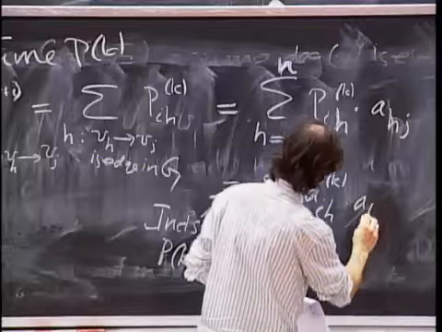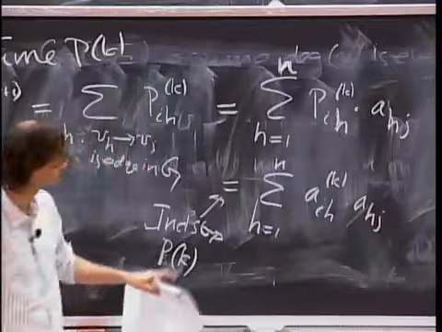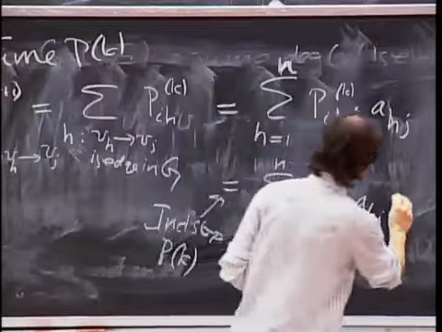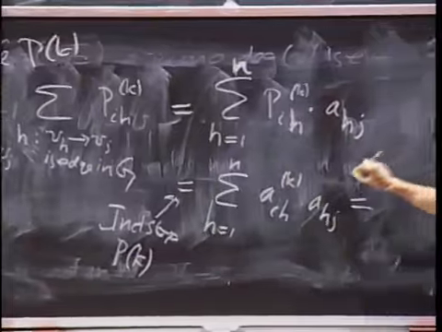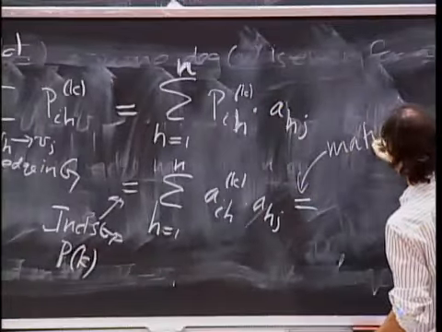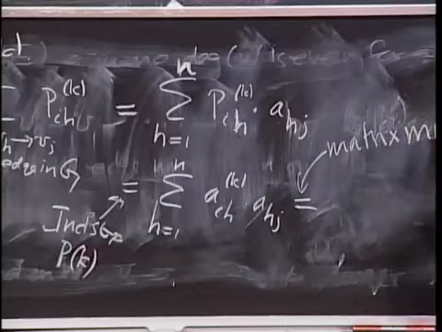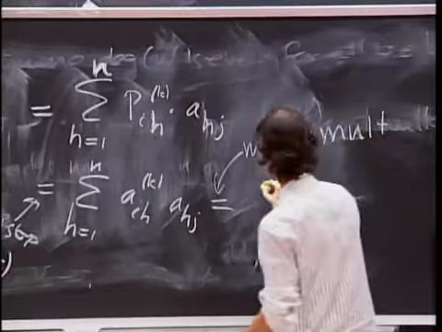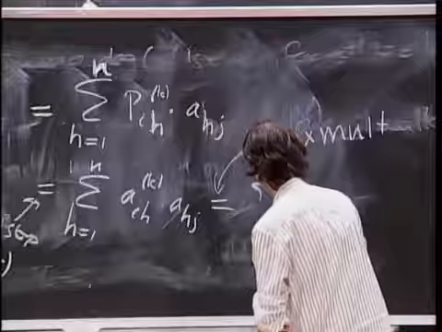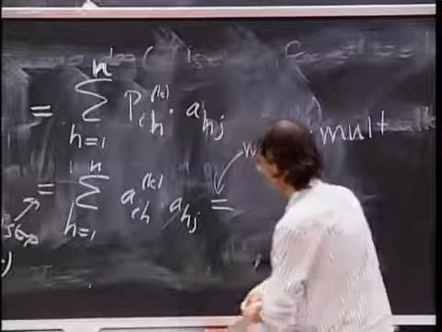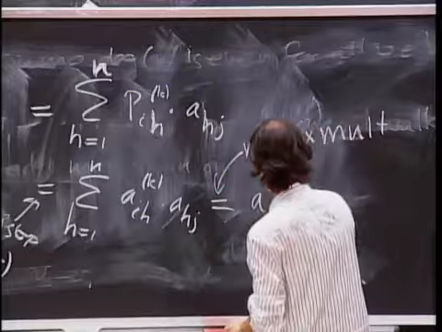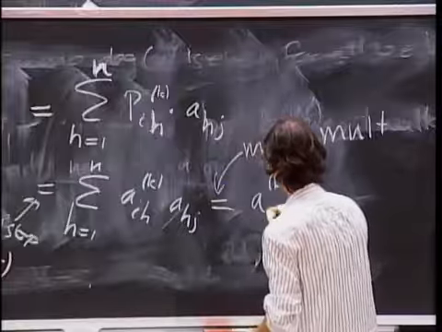And I need to finish this formula. So we have this. Now by the definition of matrix multiplication, we actually see that this is equal to a^(k+1)_ij.